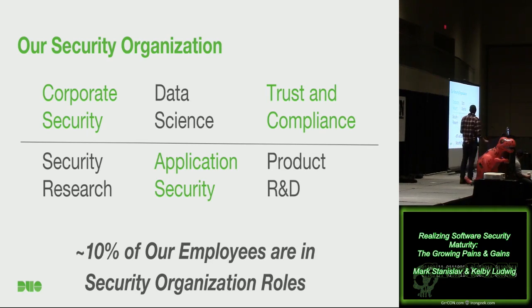So I think the key takeaway here is, yes, there are a lot of security-focused employees at Duo, but what we get to do as an AppSec team is really focus on AppSec ourselves and not worry about other security concerns within the organization because we're all working collaboratively on different things. Additionally, we encourage rotations within these different security organizations within Duo so we can have different perspectives on different teams and really diversify our experience.